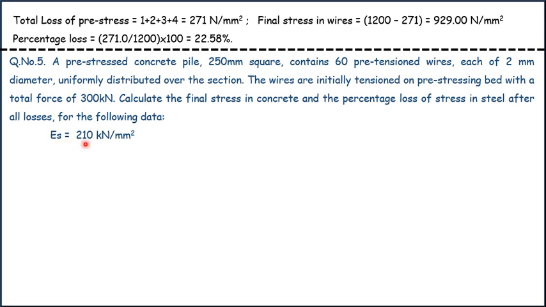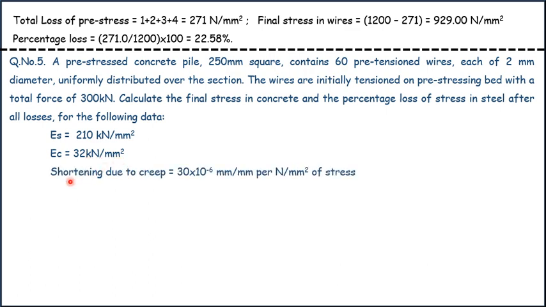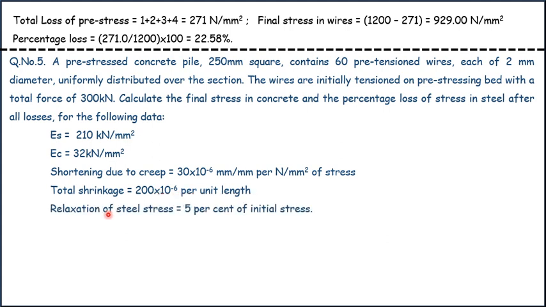ES equals 210 kilonewton per mm square, EC equals 32 kilonewton per mm square, shortening due to creep as 30 into 10 raised to minus 6 mm per Newton per mm square of stress. Total shrinkage as 200 into 10 raised to minus 6 per unit length. Relaxation of steel stress as 5% of initial stress.